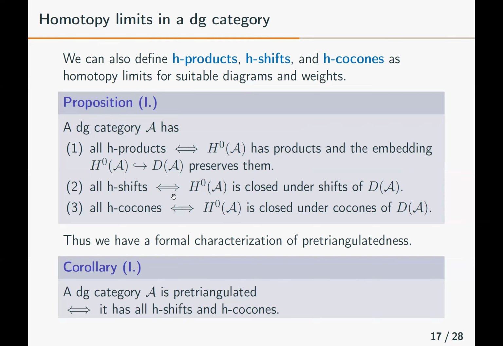Second, A has all h-shifts if and only if the homotopy category H^0(A) is closed under the shifts of the derived category. And A has all h-cocones if and only if H^0(A) is closed under the cocones of the derived category.